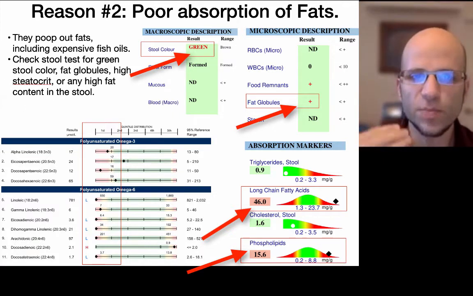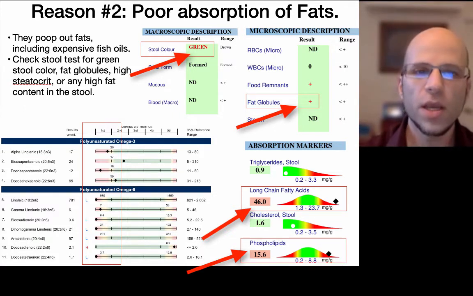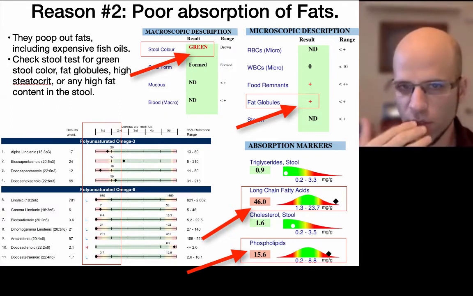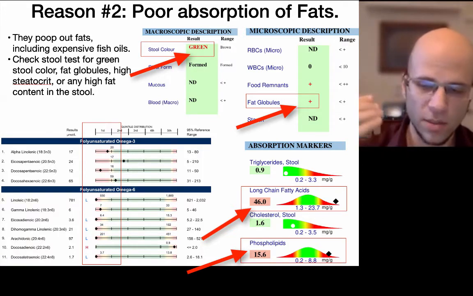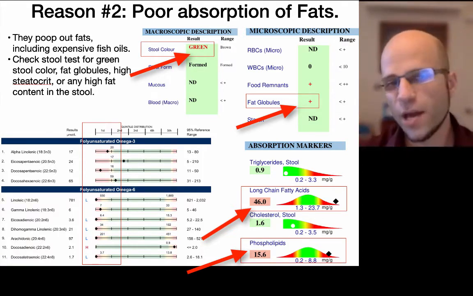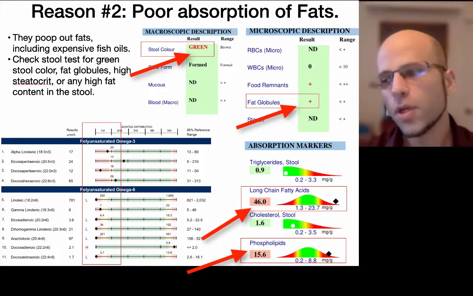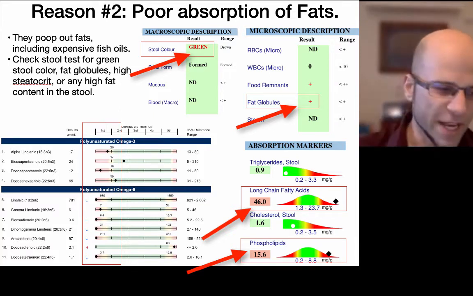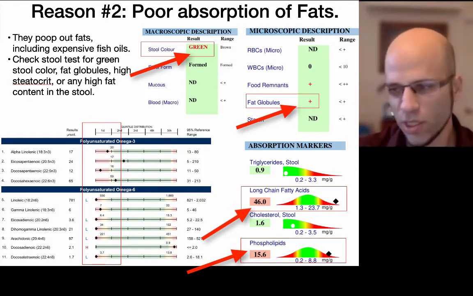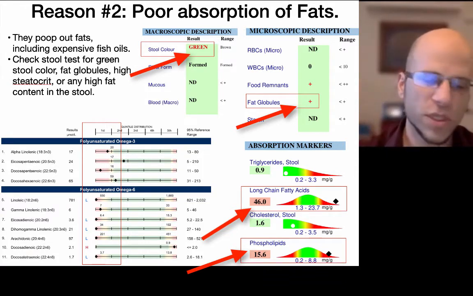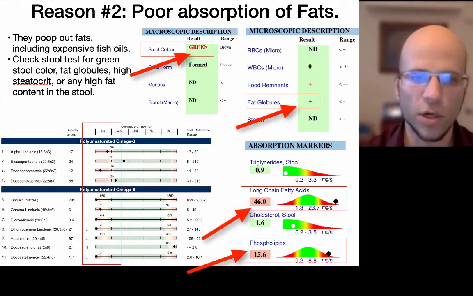His bile function is not working, and you've got multiple markers on different stool tests. This happens to be a CDSA test from Nutripath in Australia, but you have the steatocrit markers on the GI map. You have the fatty acid, the butyrate and the other fat markers on GIFX. All the different stool test companies have their own fat markers.